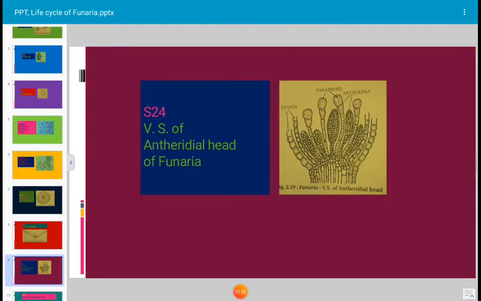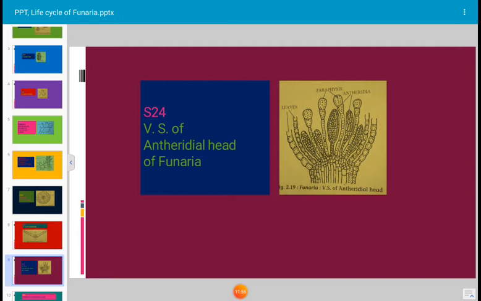Next slide. Let us see the vertical section of the antheridial head of Funaria. Let us see all about reproduction in Funaria. Funaria reproduces sexually as well as vegetatively.